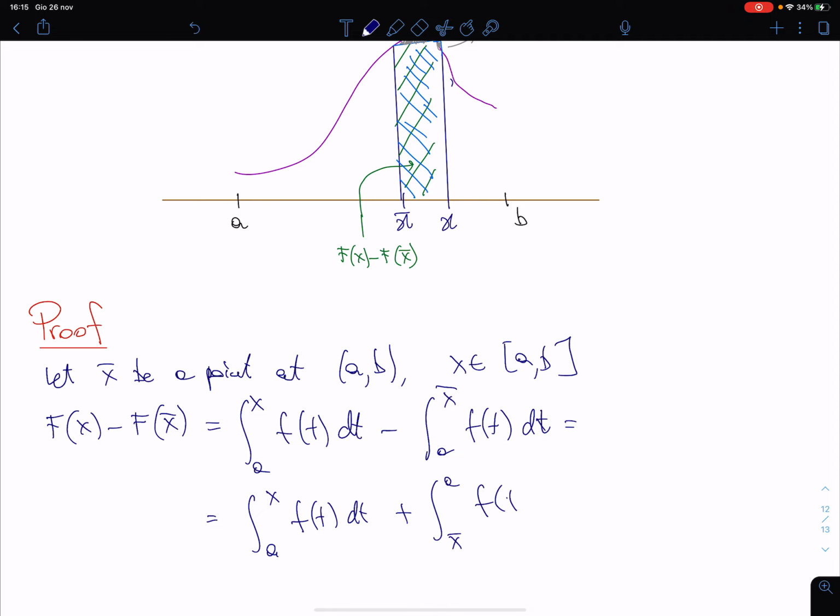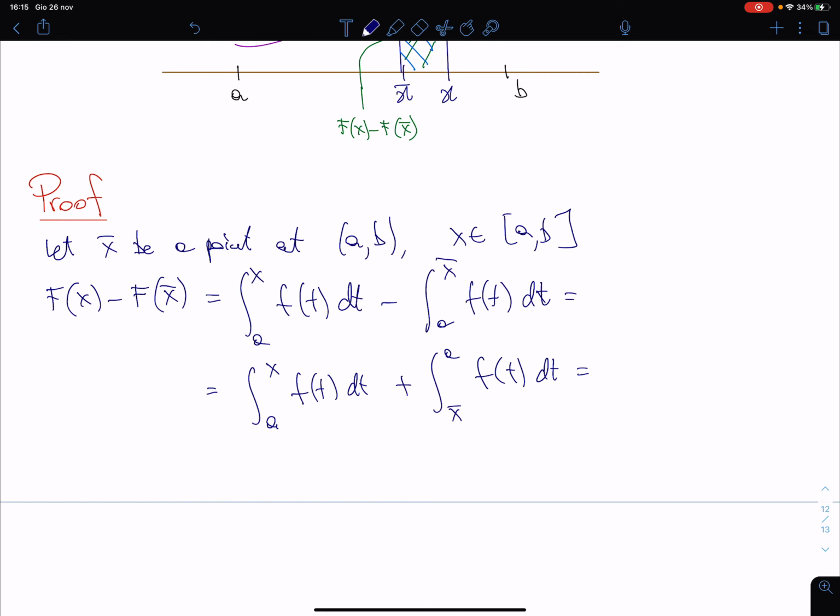Here I changed the order of the extremes of integration, and here we are exactly in the situation where there are two extremes and an intermediate point that is repeated, and this is the rule that we proved before. This is why we proved it before, because there is no order in X and X bar. So we have to be more general, but at the end we can write this is the integral between X bar and X of f of t dt.